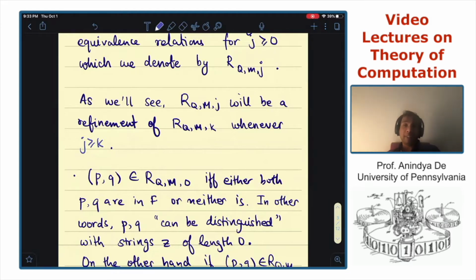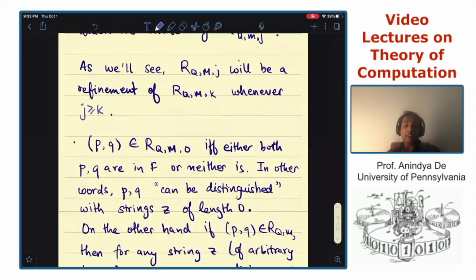A suggestive way to say what we're doing here is that whenever P, Q can be distinguished by strings of length 0, and remember there's only one string of length 0, the empty string, then P, Q are not in R_{Q,M,0}. So P and Q fall in different equivalence classes.